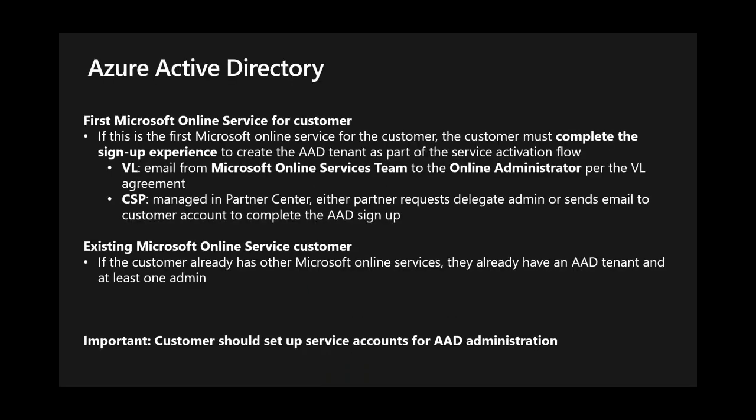So first is having an Azure Active Directory at customer end. If customer is using Microsoft Online Services first time, then we recommend you to work with your licensed resellers who will help you in signing up, having your AAD tenant first time.